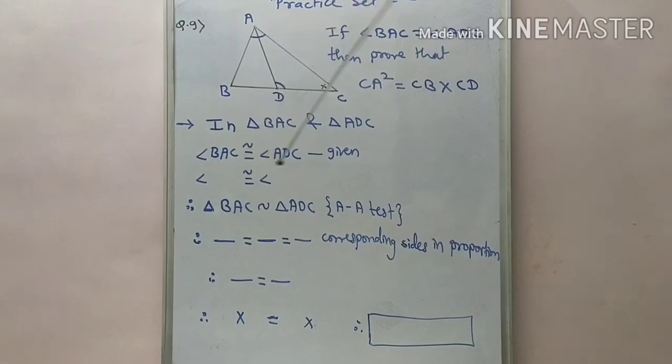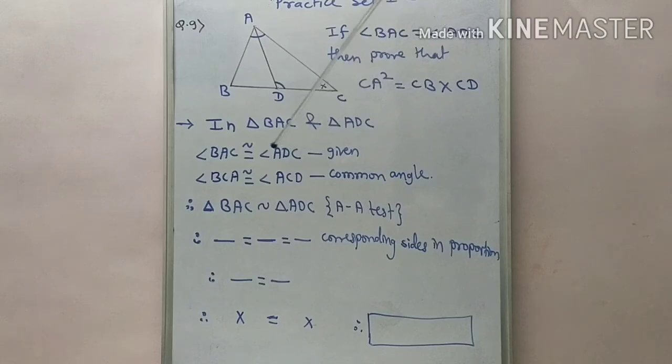So here we get the second pair as the common angle C, but we name that angle C in both triangles with a different name, like this way. Angle BCA congruent with what? Angle ACD. The name is different but the angle is the same, C, which is the common angle.